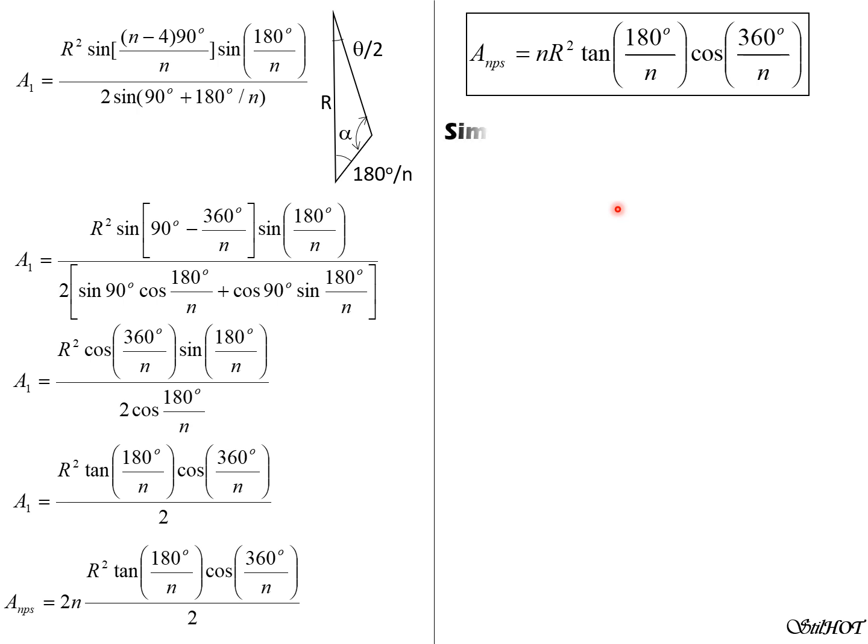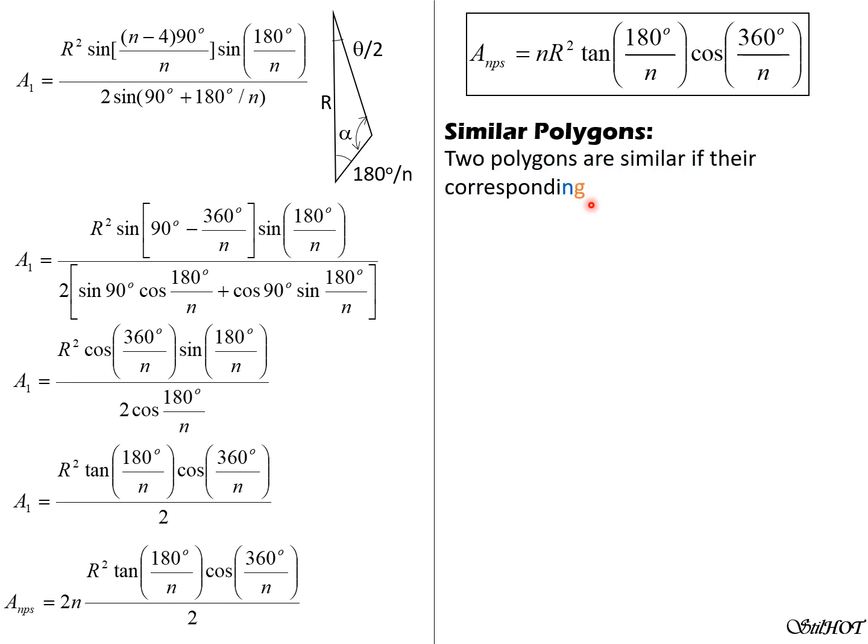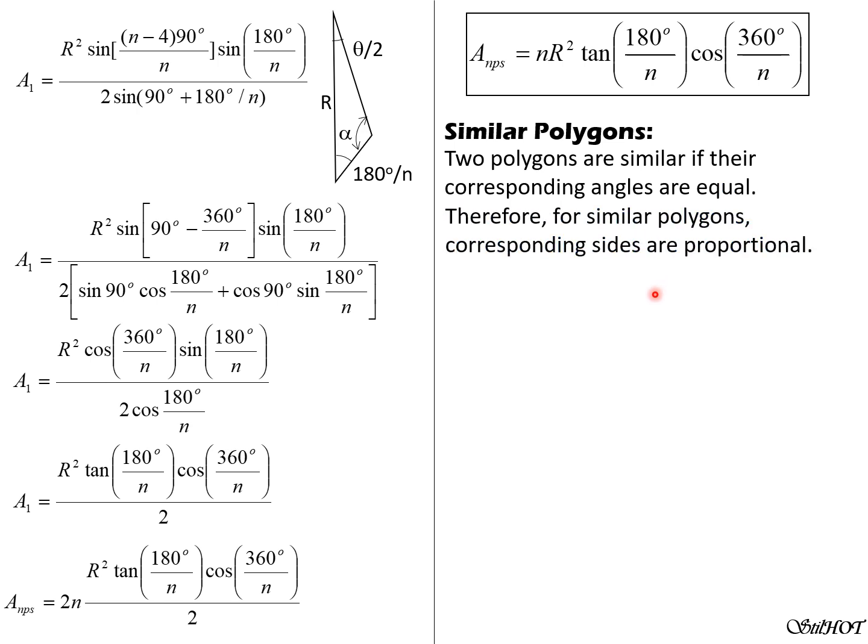Next, we discuss similar polygons. Two polygons are similar if their corresponding angles are equal. So therefore, for similar polygons, corresponding sides are proportional also. That's the principle, just like for similar triangles.